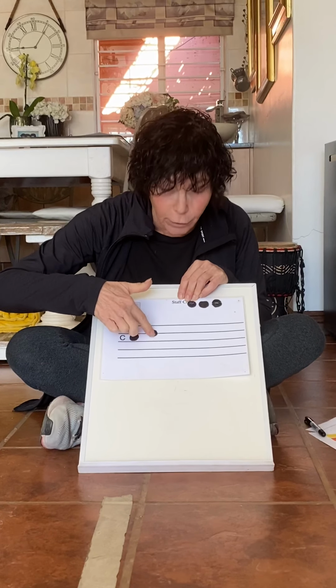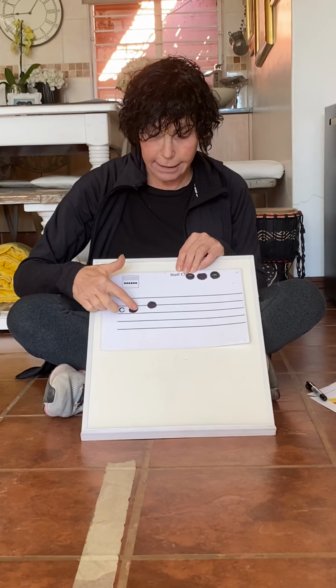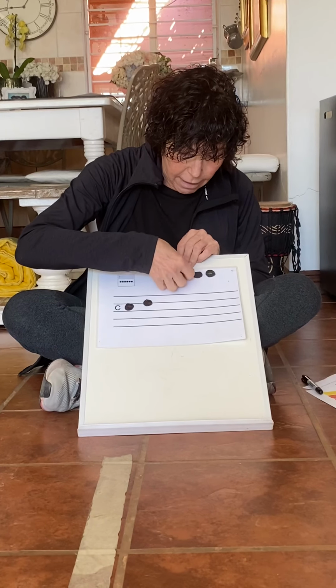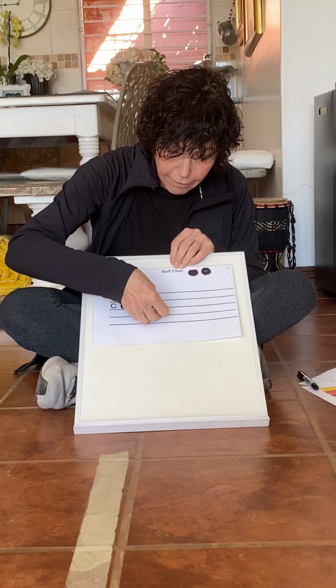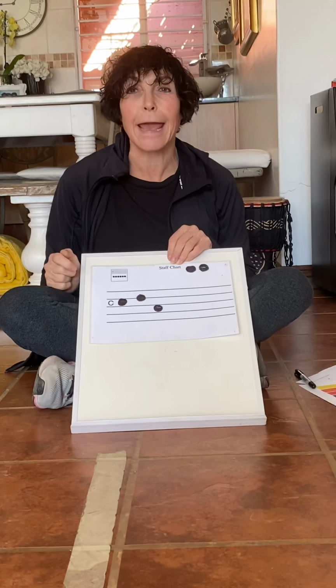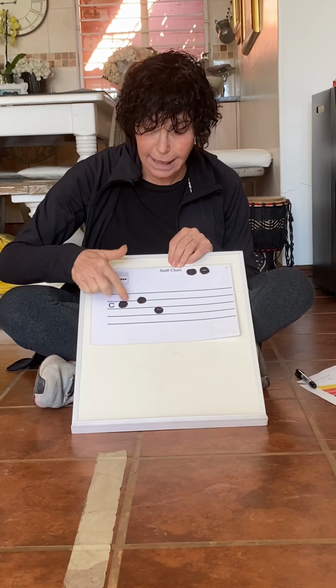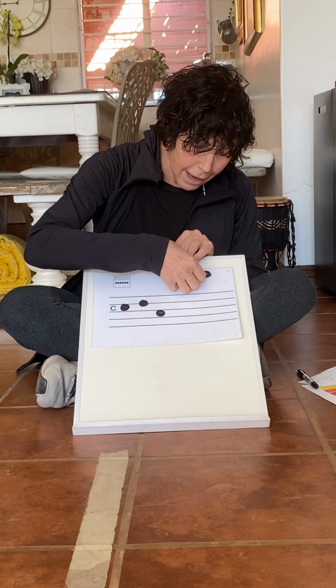It's a line note, D for Debbie, because Debbie's got lines, and the note D is through a line. C, D. And then we have A, space number 2. Remember? C, D, A.